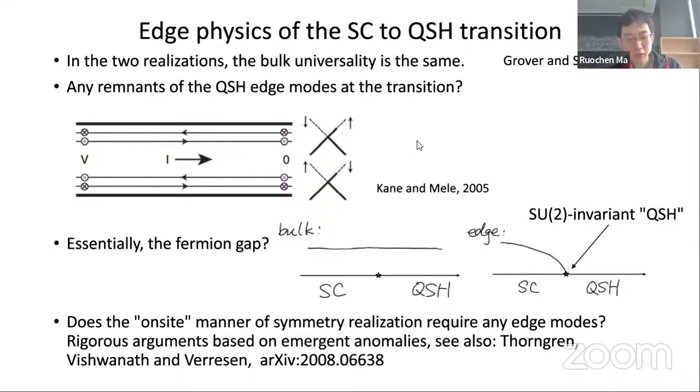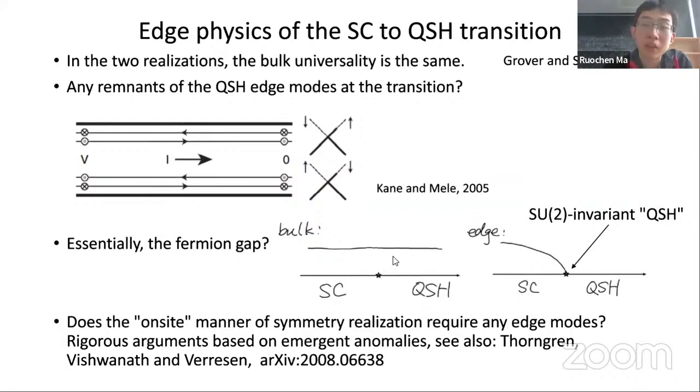So essentially, what we are asking about is the fermion gap. First of all, in the bulk of the phase transition, on the superconductor side and on the quantum spin Hall side, the gap of a single physical electron is finite and non-vanishing.